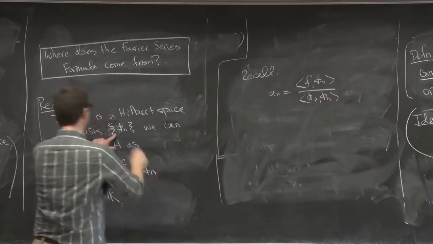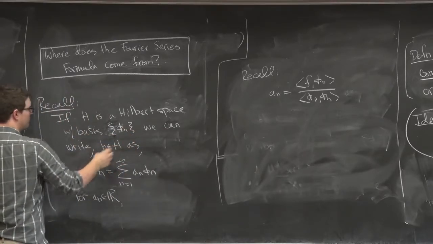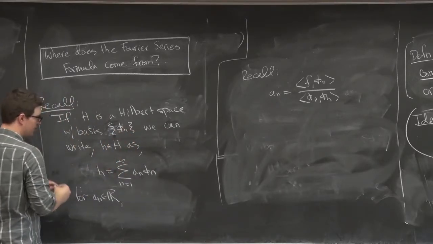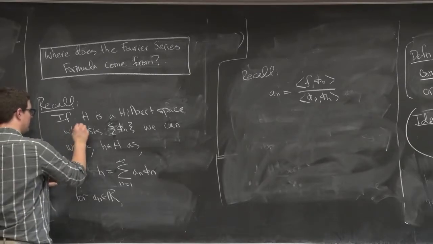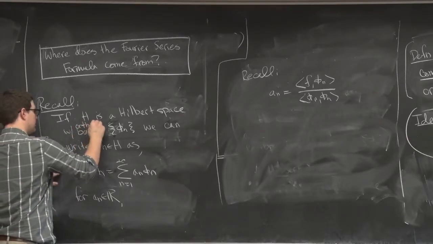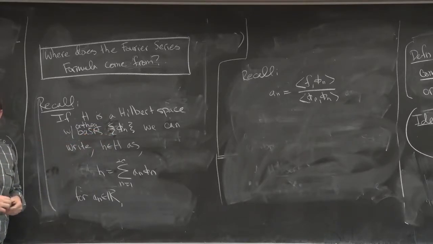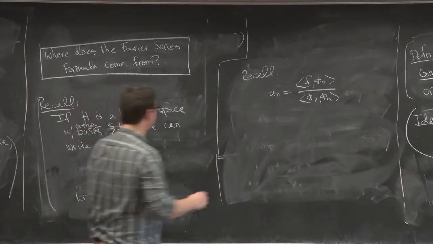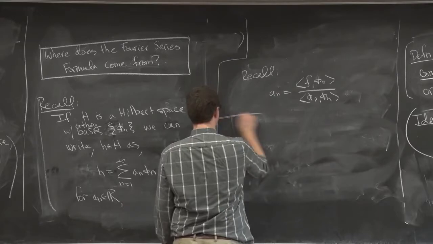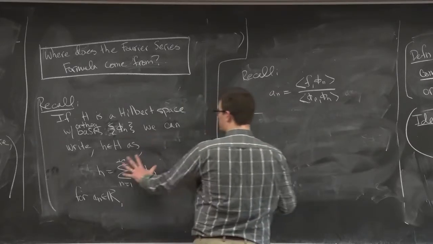Okay, so this is an orthogonal basis. So these things need to have inner product 0 with each other. So the formula for Fourier series was done by Euler.